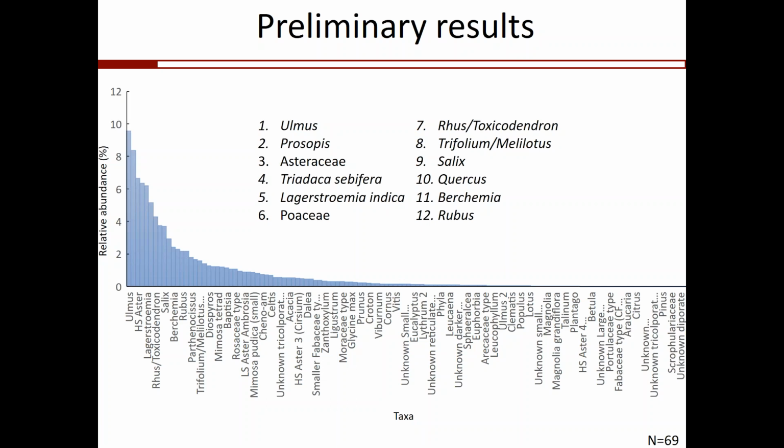And then we found Prosopis, your mesquite, and then daisies and weeds. Number 4 is going to be your Chinese tallow. That was a very important pollen type for certain regions. Number 5, we found crepe myrtle. 6 is grass. 7's sumac. 8 is your clovers. 9 is your willow. 10 is your oak. 11 is your Alabama supplejack. And 12 is going to be in your rose family.